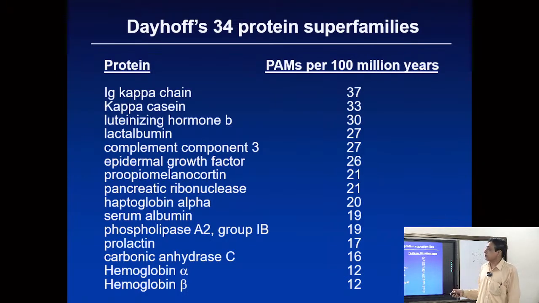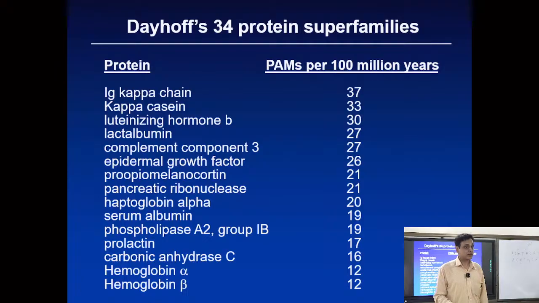For example, immunoglobulin kappa chain has 37 PAMs. PAMs are accepted point mutations over 100 million years. Kappa casein has accumulated 33 mutations over 100 million years. Highly diverse.